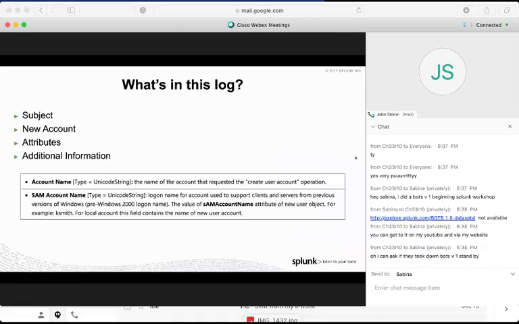So for the local account, this field is going to contain the name of the new user account. So when I create a new user account, that's the name of that user account, right? The account type is the person who was logged into the system who actually initiated that creation. Important because in the Windows event log there's a lot of different pieces of information, and knowing which one is which is very, very important. So again, reference to the logs and documentation is very good.